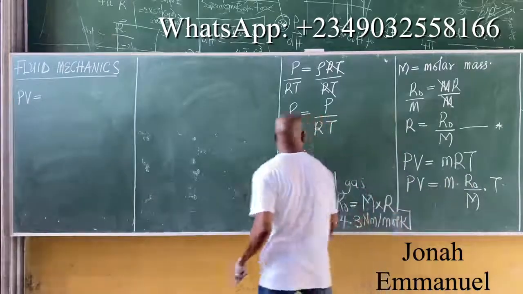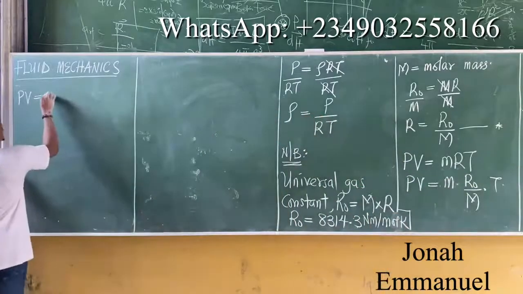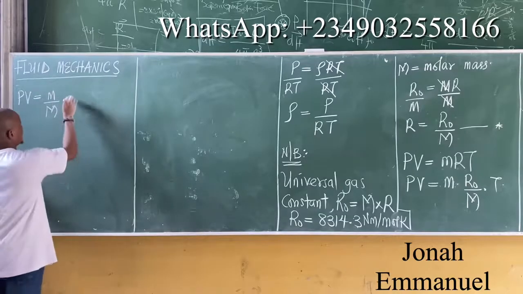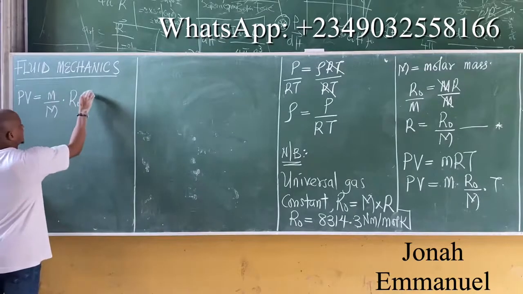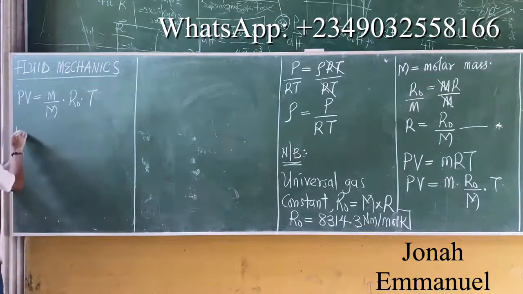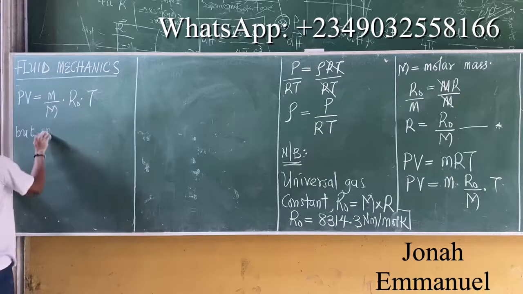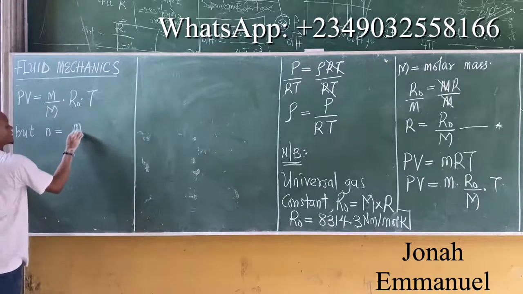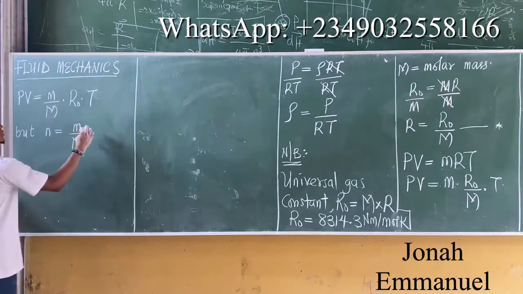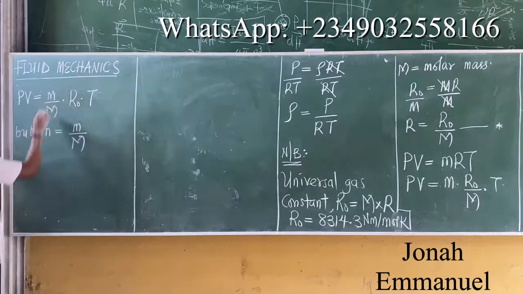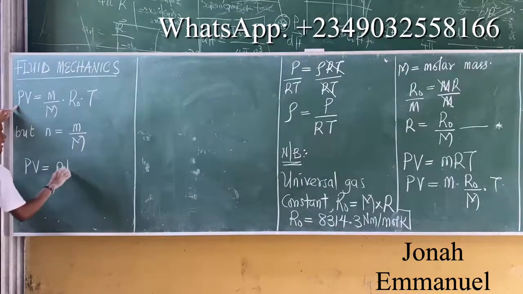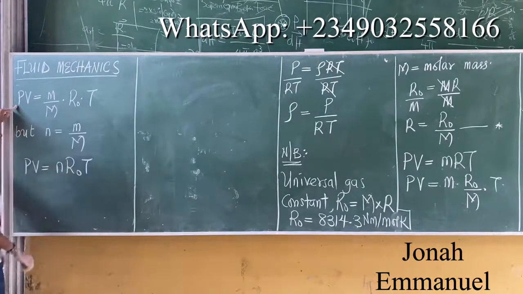So PV is equal to mass over molar mass times the universal gas constant times temperature. But I know that number of moles, N, is equal to mass all over molar mass. If I replace this one into this, I'll have that PV is equal to N R naught T.